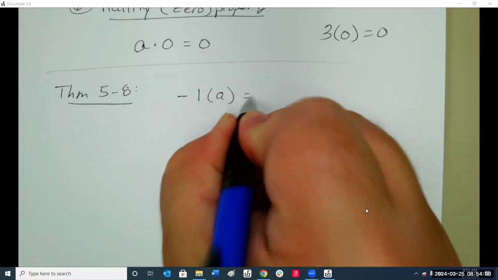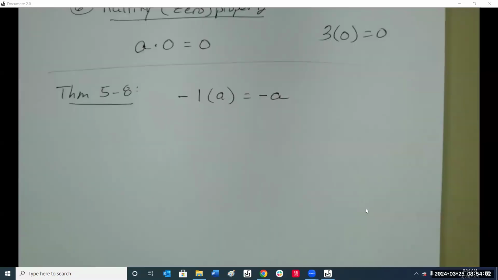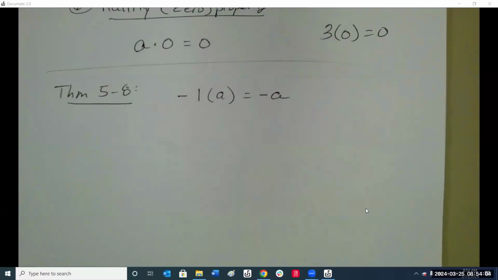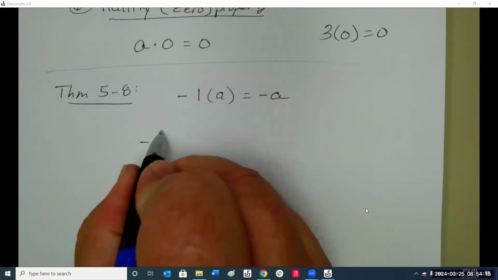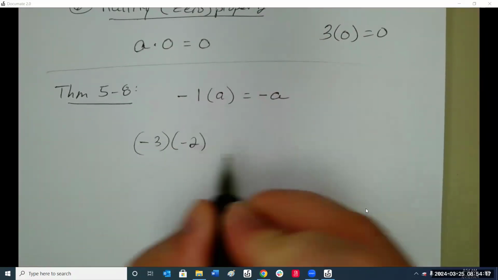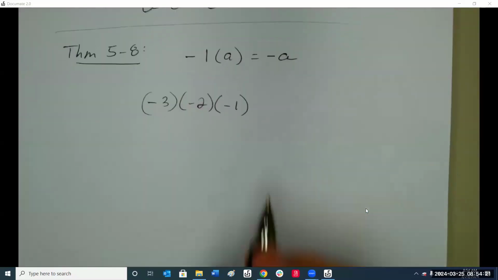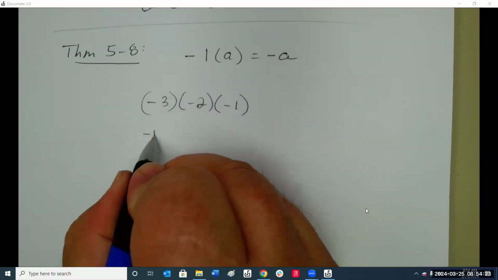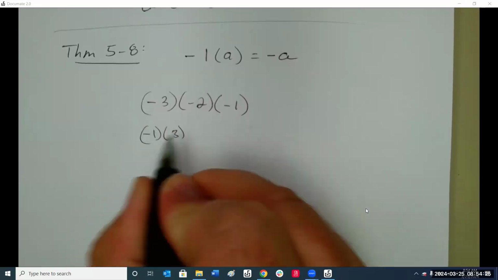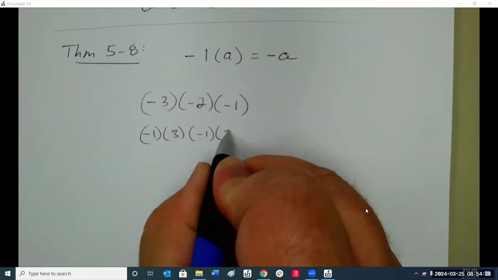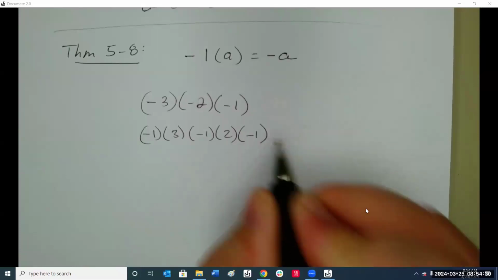-1 times A is the same thing as negative A. Why is that important? Because each of these can be written like that.